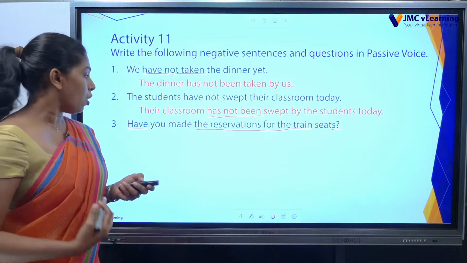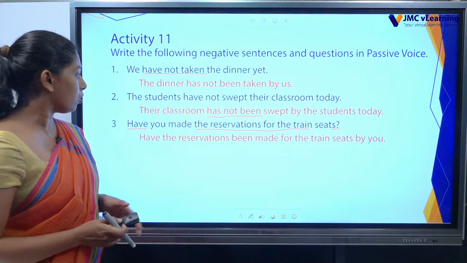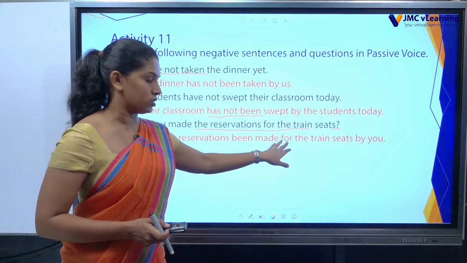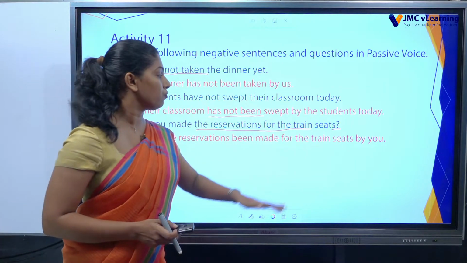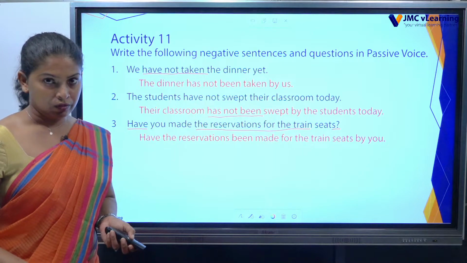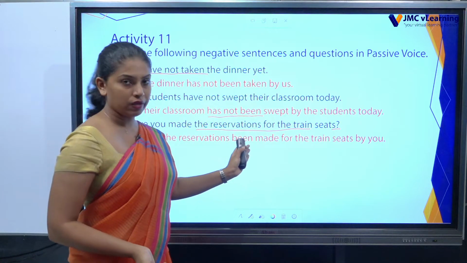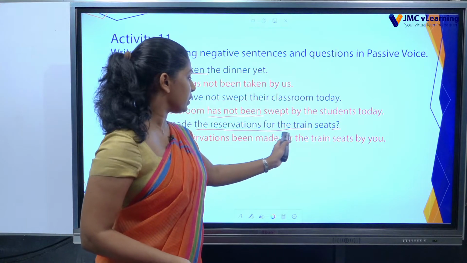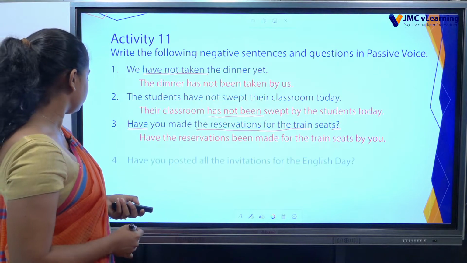So, that is the object of that. So, we have to make the question according to this. The reservations. Then, have the reservations been made for the train seats by you? First the question form of that, then the object, after that helping verb, verb past participle, then finally by subject.